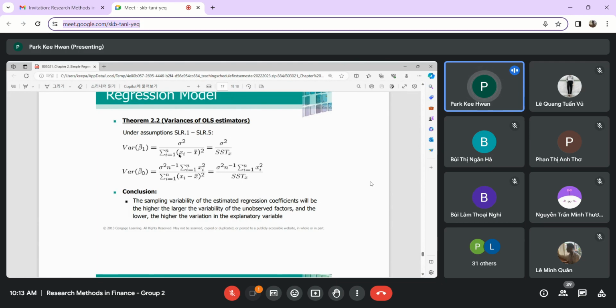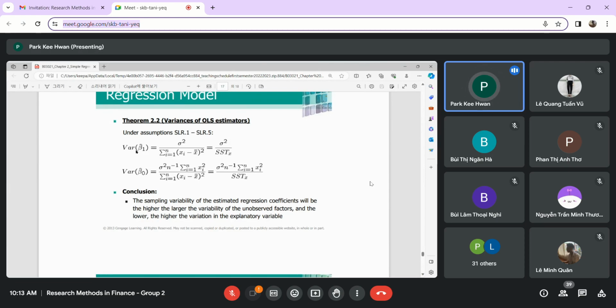That is, you take the difference between xi and the mean, the deviation of xi from the mean, then you square the deviation, then sum up over the n observations. That's what we call the total sum of squares.